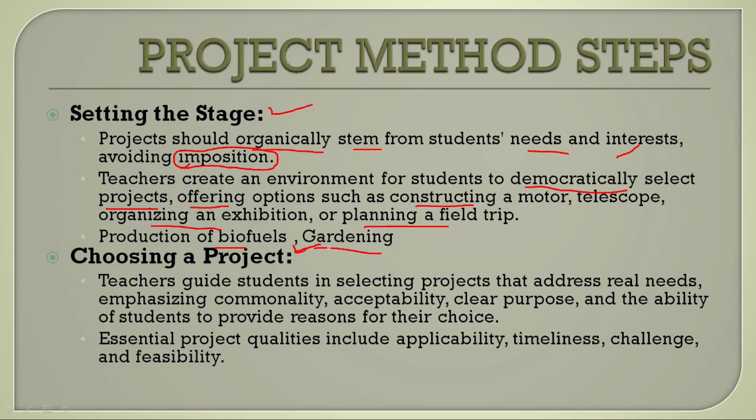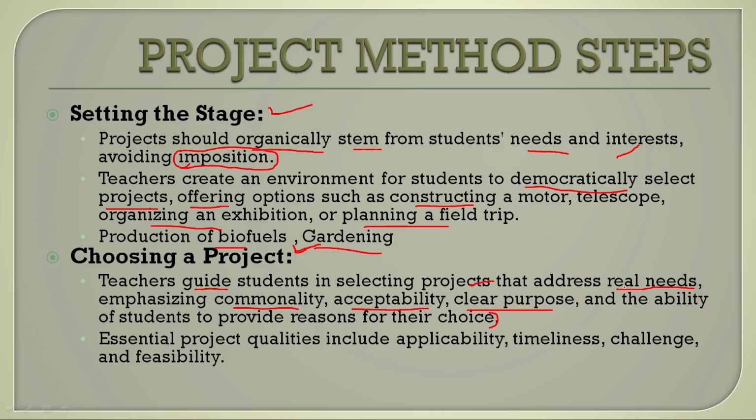In step two, teachers guide students in selecting projects that address real needs, emphasizing commonality, acceptability, clear purpose, and the ability of students to provide reasons for their choice. Students should choose a project which fulfills all this.